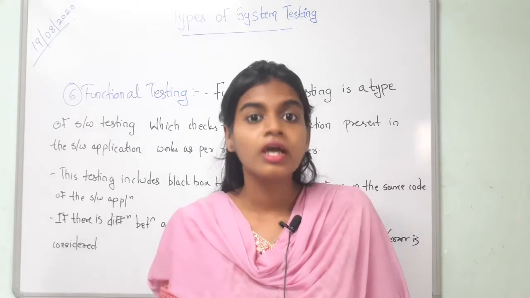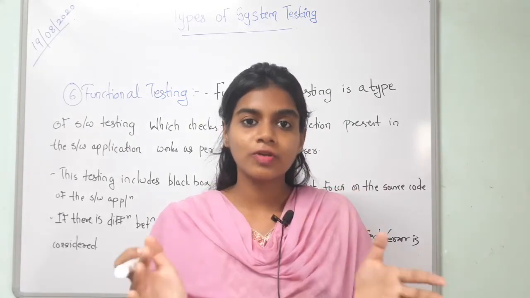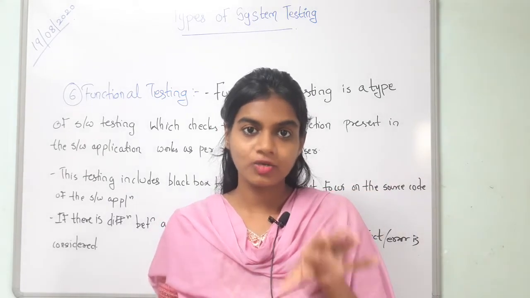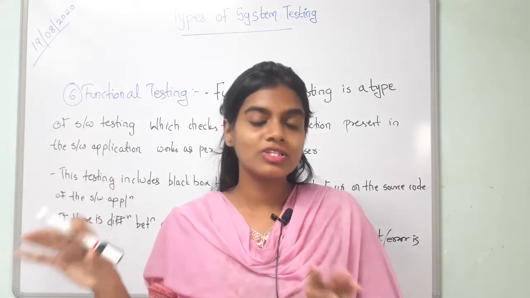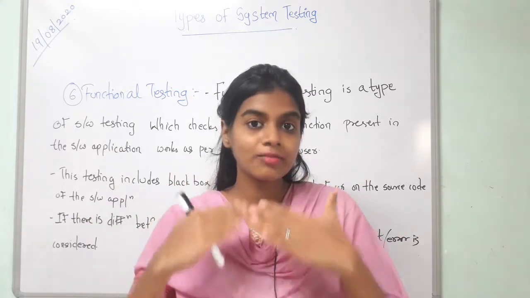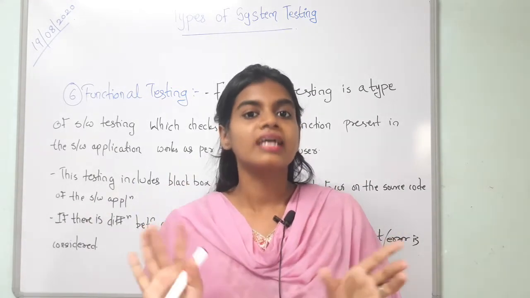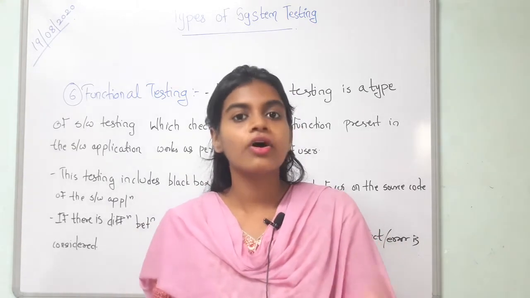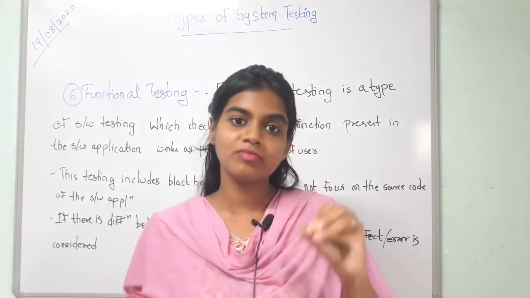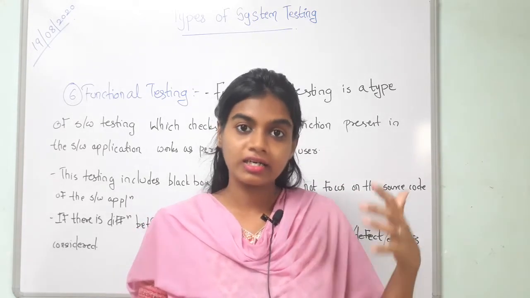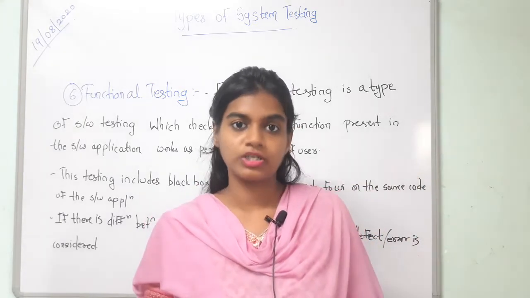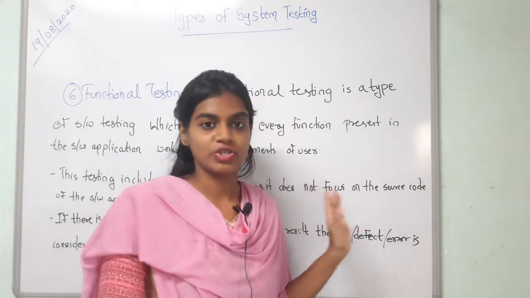There must not be a difference between the expected result and the actual result, the output that you get. If a difference comes, it means there is a bug, error, or defect. The software testing team must avoid defects and errors in the code and in the software product.